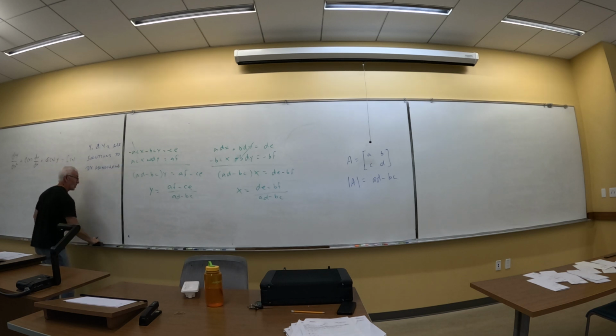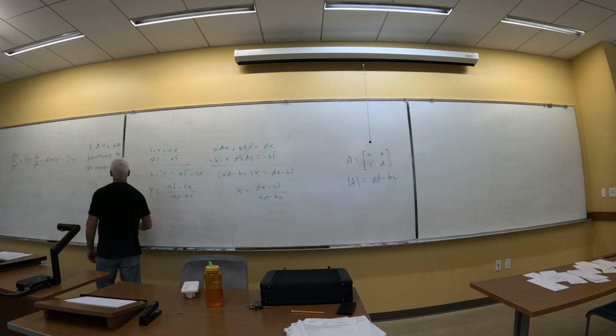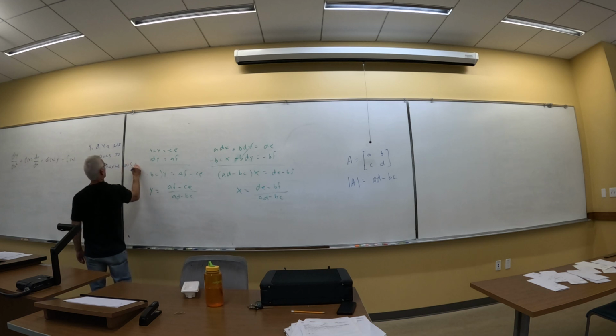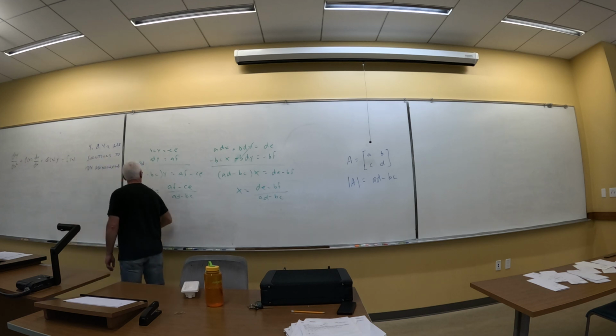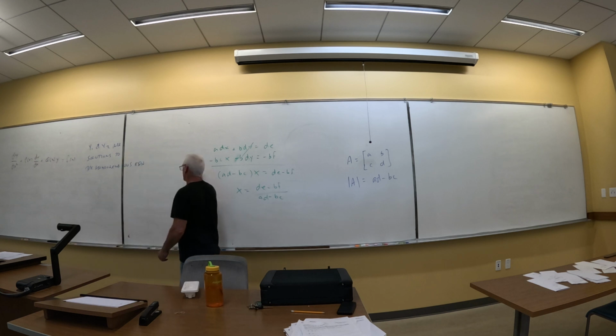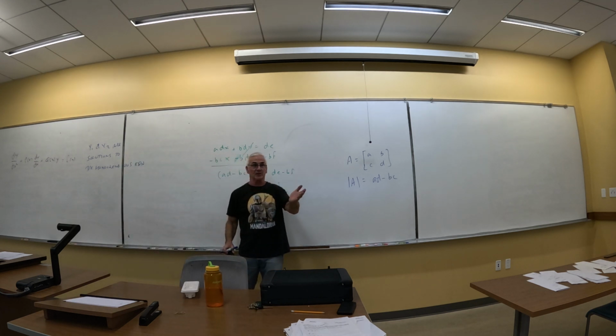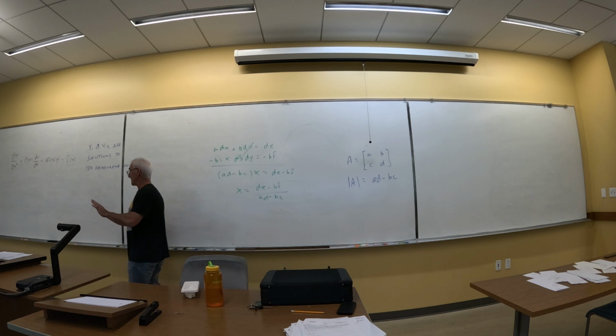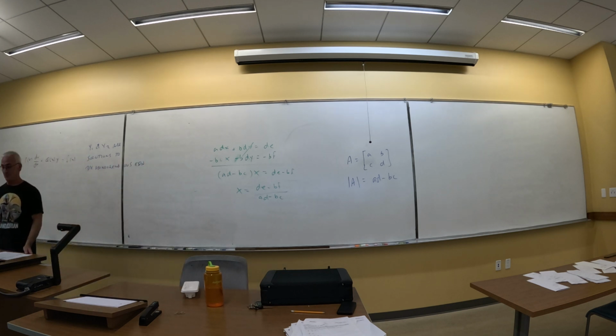Everybody okay with that? So this is what we did last day. We found the solution to the homogeneous equation, and then we used the method of undetermined coefficients to figure out the particular. So let's assume that we found the solutions to the homogeneous, okay?